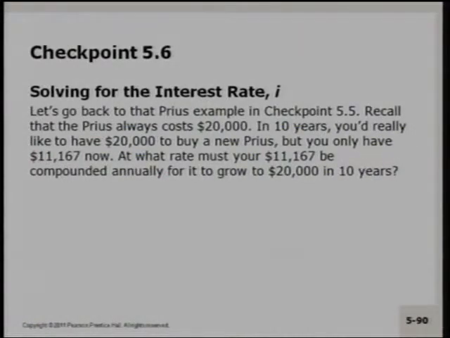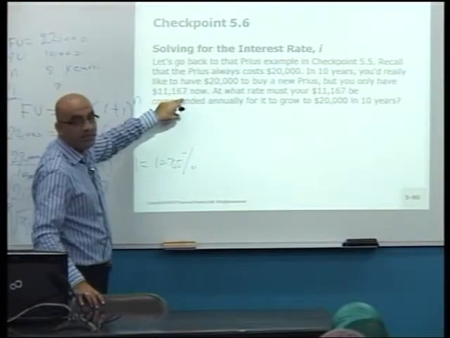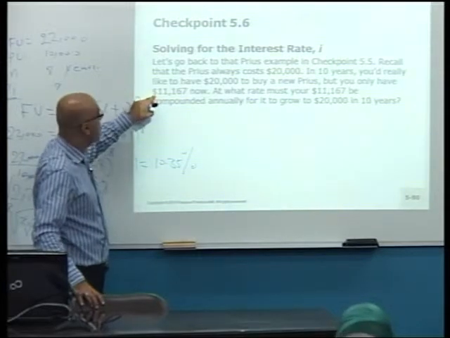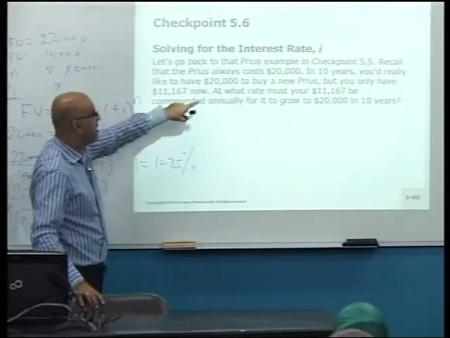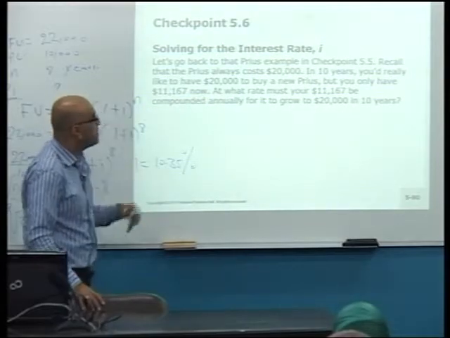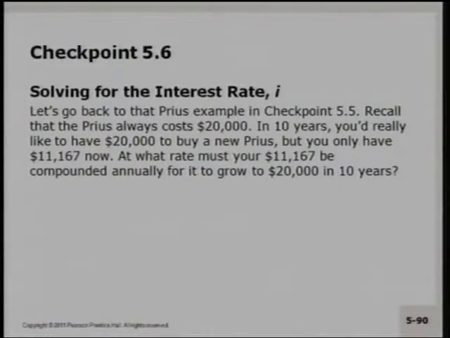So the future value will be $20,000 in 10 years, but you only have $11,167. So this is the present value now. At what rate must your $11,167 be compounded annually for it to grow to $20,000 in 10 years?